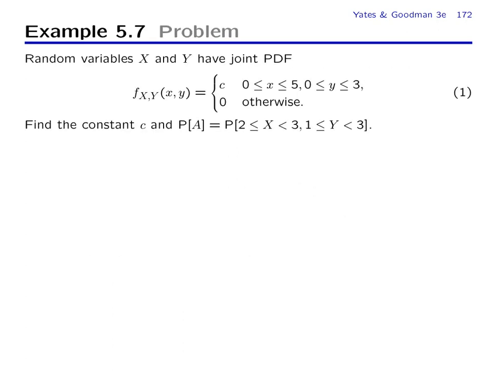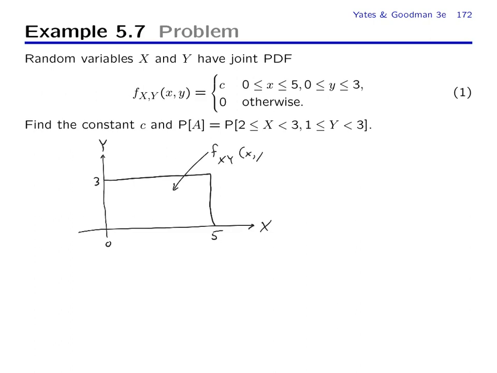Okay, so here's an example to exercise our previous theorem. Of a pair of random variables x and y, and the example says that in fact there's a box from 0 to 5 in the x direction, and from 0 to 3 in the y direction, and that in this box, the joint CDF of x and y is equal to a constant c.